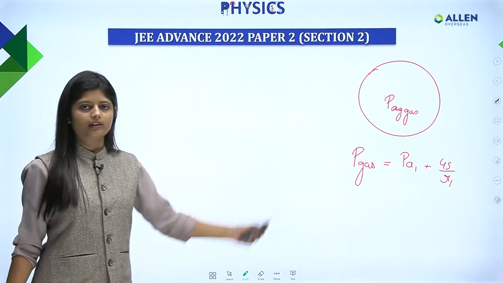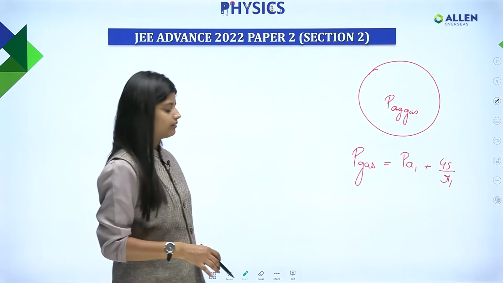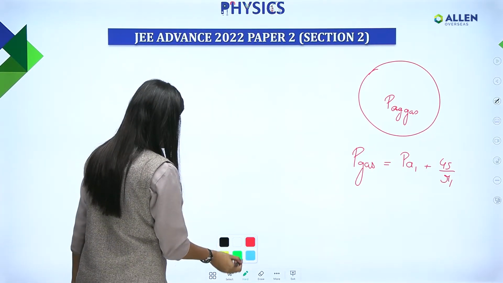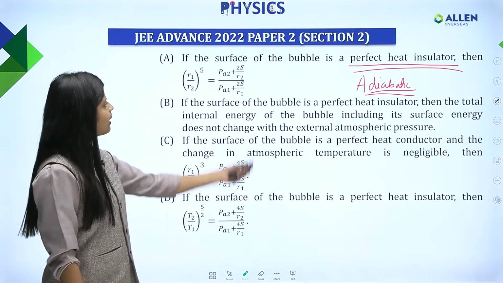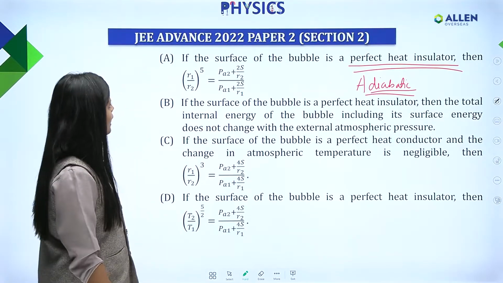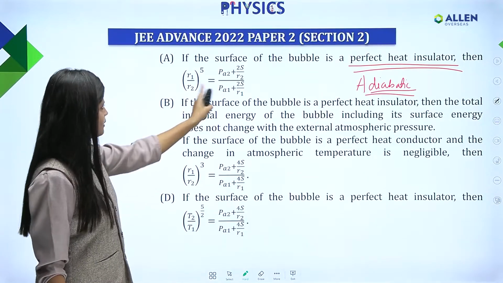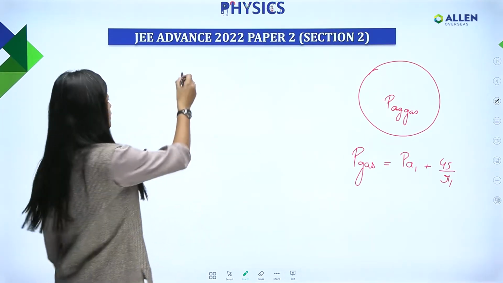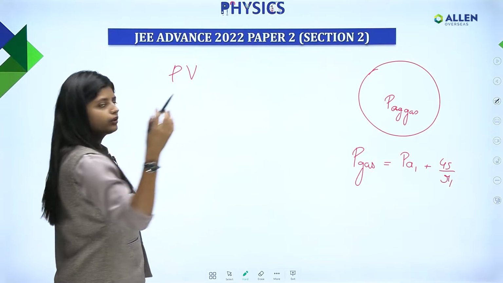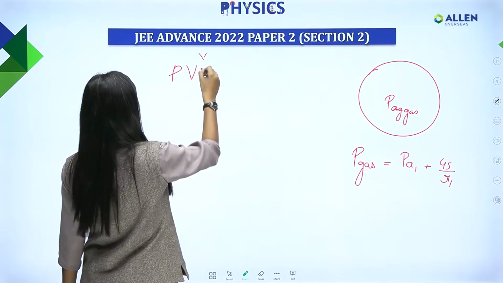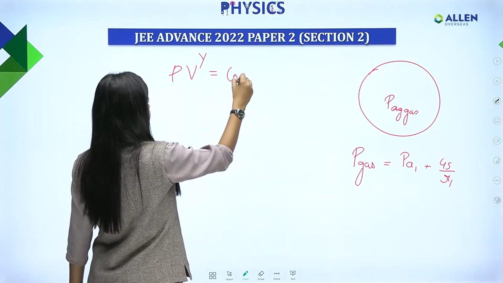Correct? Similarly, we can write pressure of the gas inside the bubble in the second case as well. Now our process is adiabatic, and what we want to do is relate radius and pressure, so basically pressure and volume. So we know that for adiabatic process PV raised to the power gamma is constant, right?